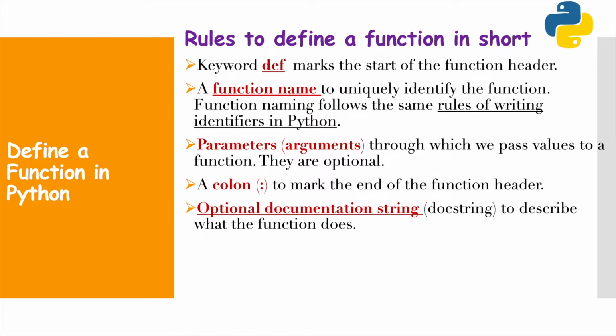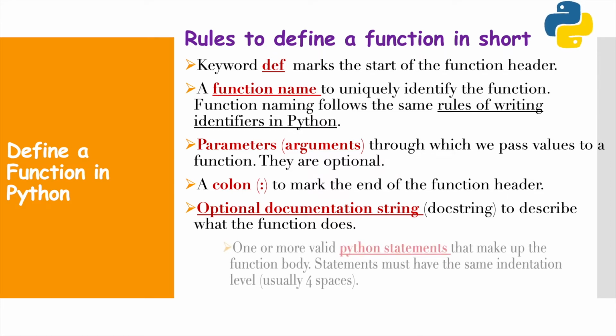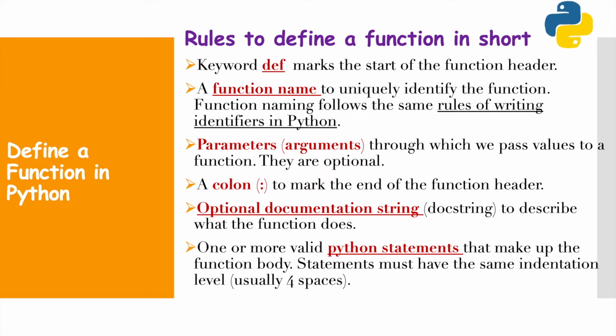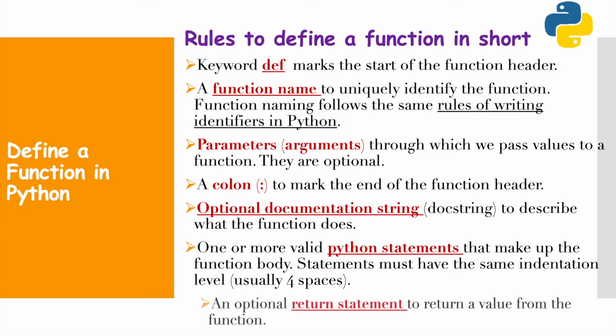After your function header finishes, you have an optional documentation string, which is also known as the docstring, that will describe what your function does, and one or more valid Python statements that will make up your function body. So after your optional docstring, you are going to specify the Python statements which you want to get executed inside your function. And statements must have the same indentation level, and that is usually 4 spaces as per the standard.